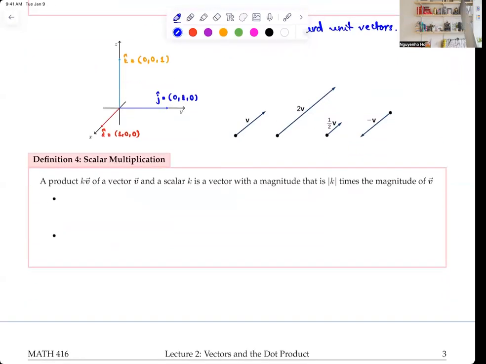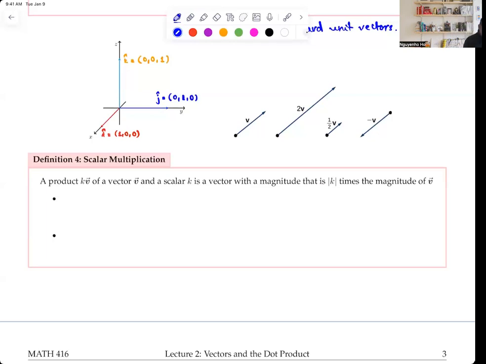The product of k times v, of a vector v and the scalar k, is a vector with a magnitude that is the absolute value of k times the magnitude of v.